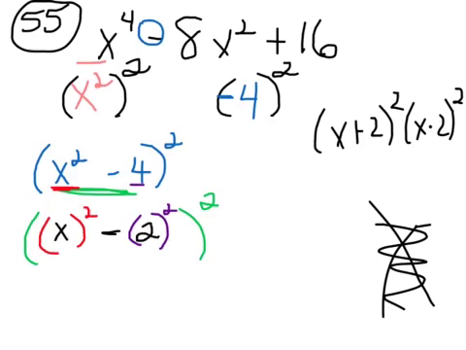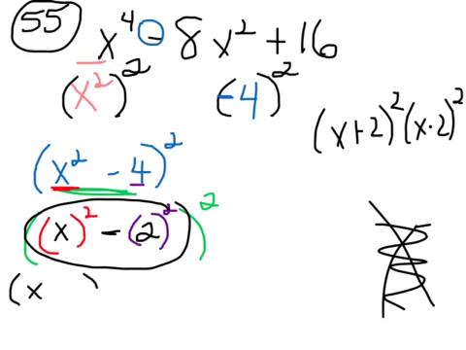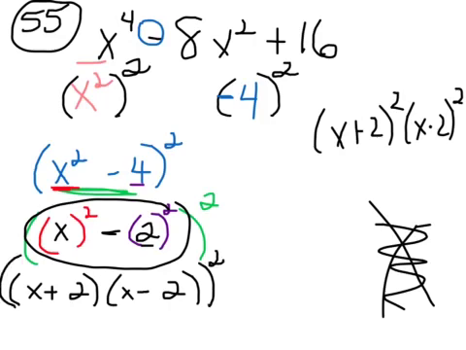2. So I have a square, but inside of it, it's a difference of two squares, and just this part right here factors into, I put an x here and an x here. Then I put this 2 here and this 2 here. And I put a plus on one and I put a minus on the other. But each one of those is squared, because that's just the inside part. If I leave it inside the parentheses, wasn't there still a square on the outside of the parentheses? Right?